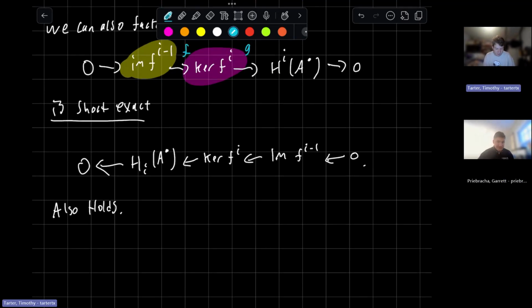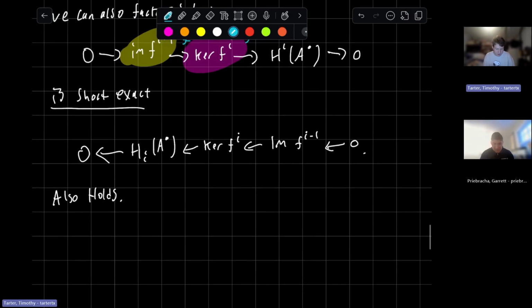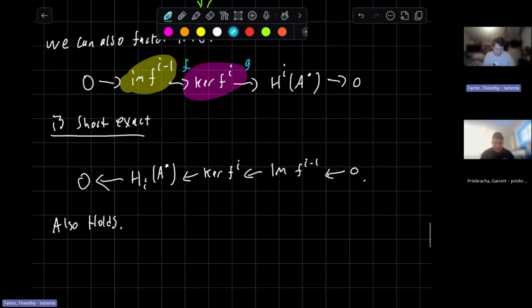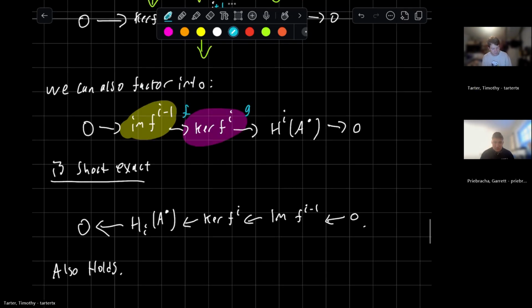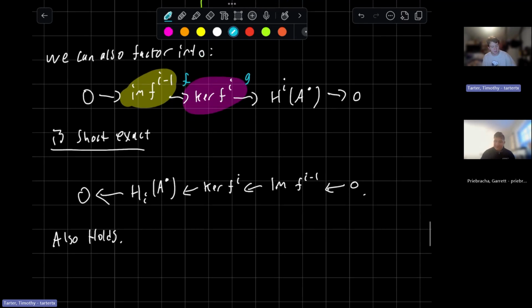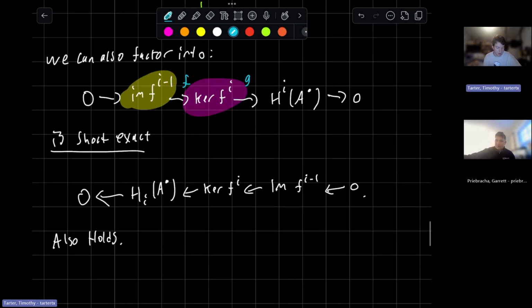The same thing holds for, basically, dualizing this from a cochain to a chain, with the standard Hom functor, which takes cohomology groups and makes them into homology groups.